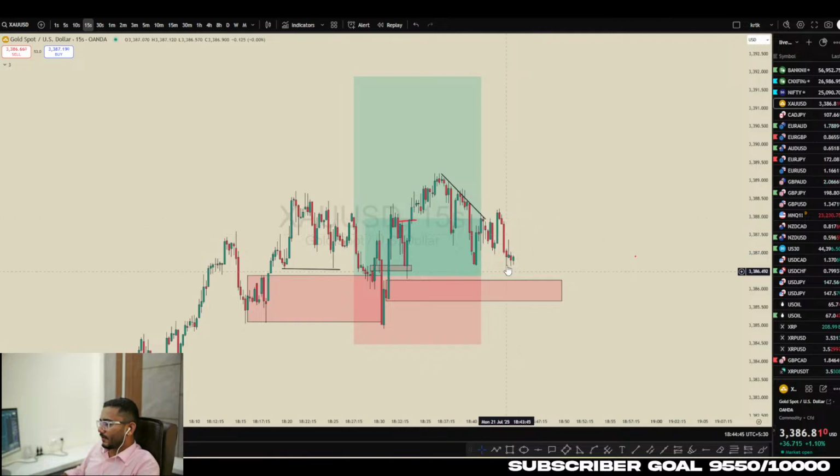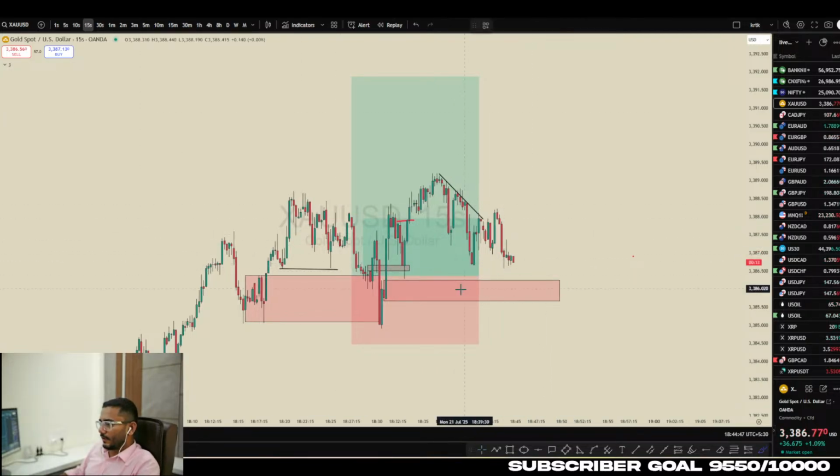You can expect a reaction, like it will create liquidity over here and it will sweep the liquidity and continue higher, I think so.